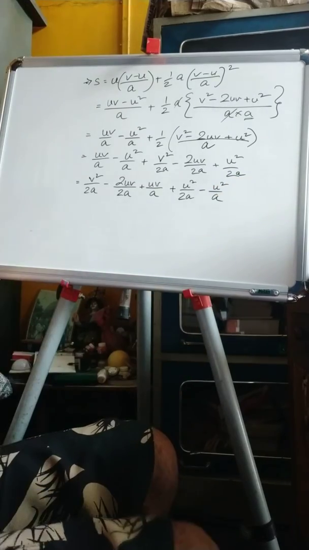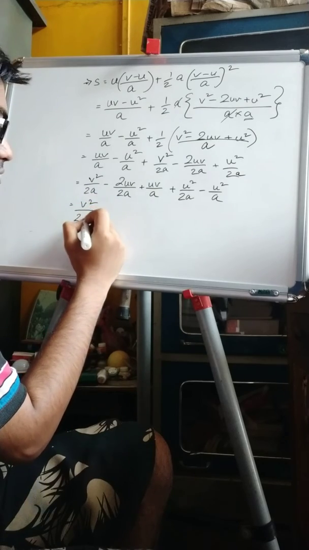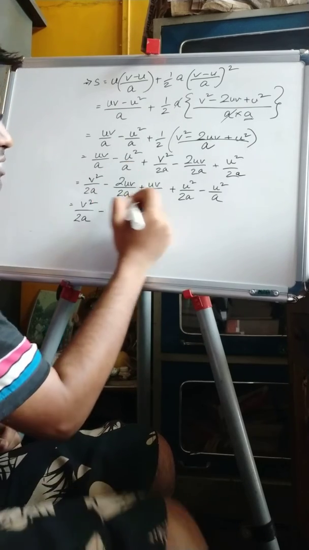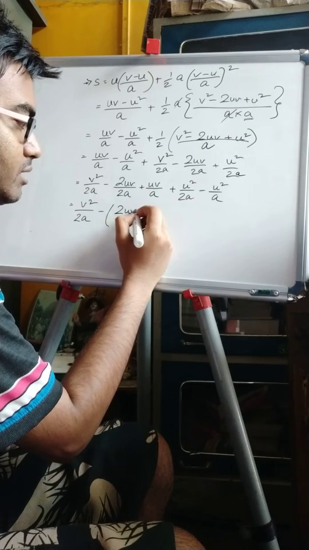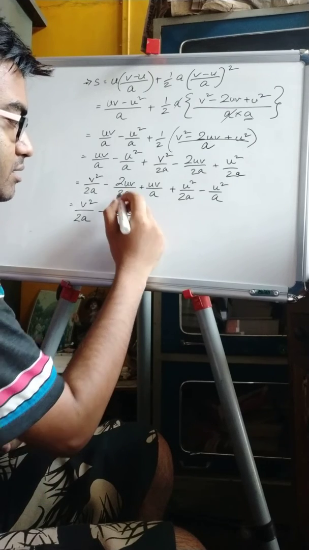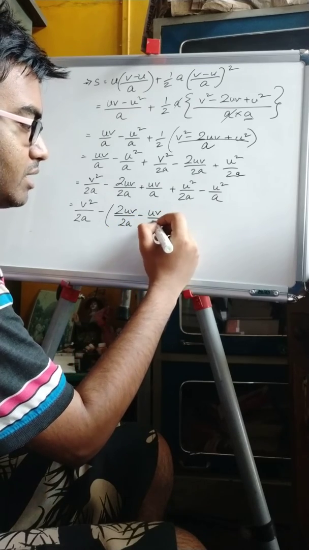Okay, now we will separate it. V square by twice of a minus, we will keep it under bracket, twice of uv by twice of a minus uv by a.